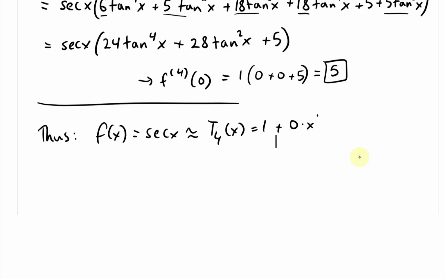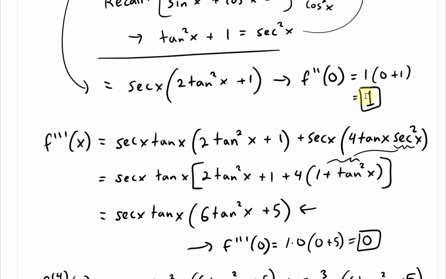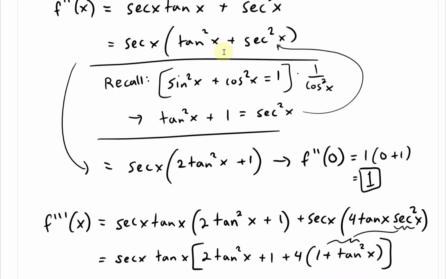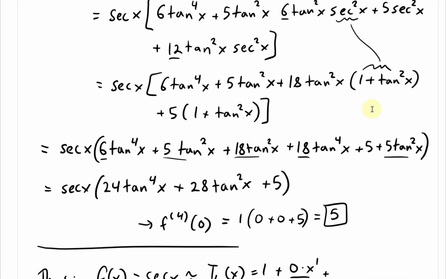Plus the next one, the second derivative, so we have 1, 0, then 1, 0, then 5.